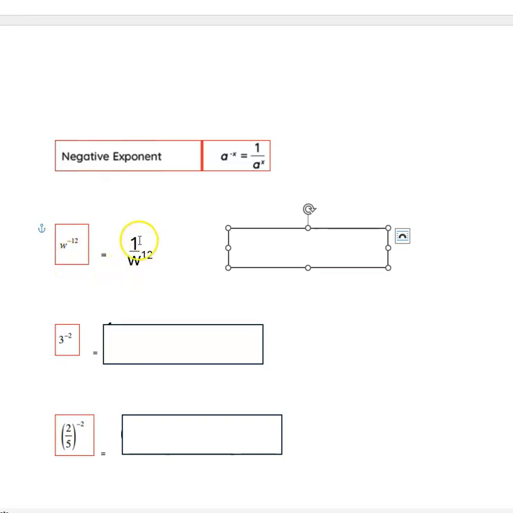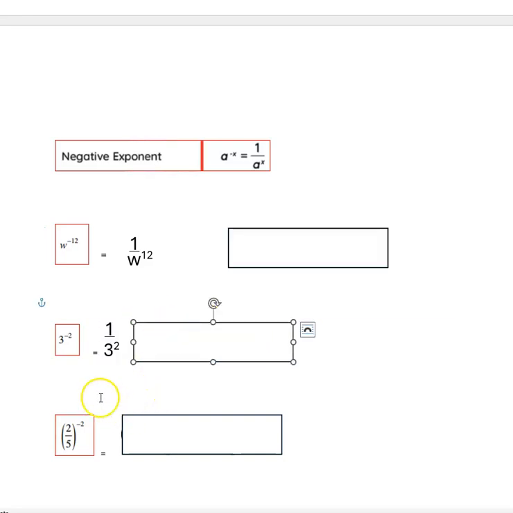All I did was just flip the fraction and make it a positive 12. That comes in handy when you have an actual number here. What I would do first is, I would flip it, make it 1 over 3 to the 2nd power. Now I just do 3 times 3 gives me 9, and I've got 1/9.